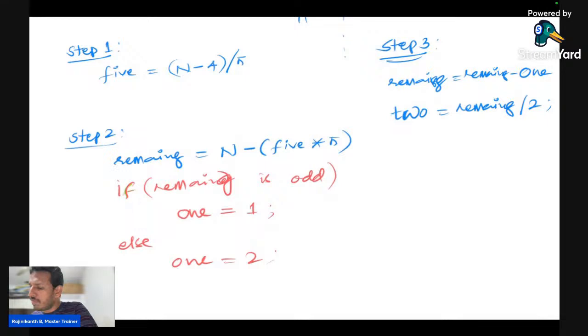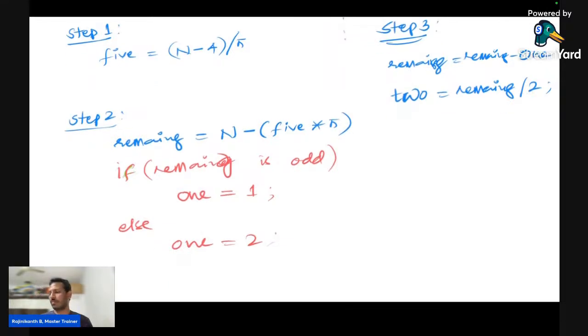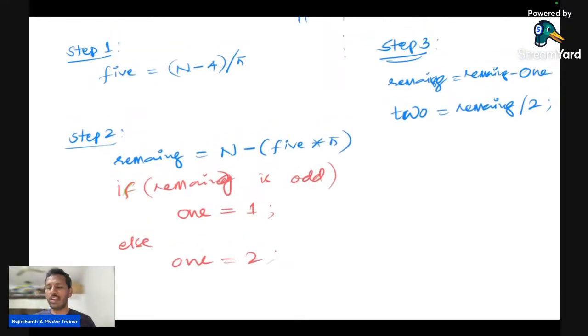So this way we will be able to count how many 5 rupee coins we need, how many 2 rupee coins we need, and how many 1 rupee coins we need. Clear? So this is the logic. Step 1, calculating 5 rupee coins.